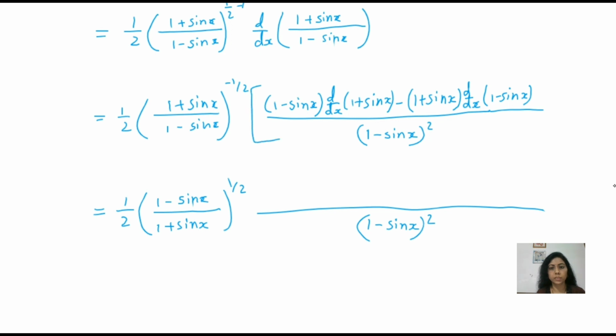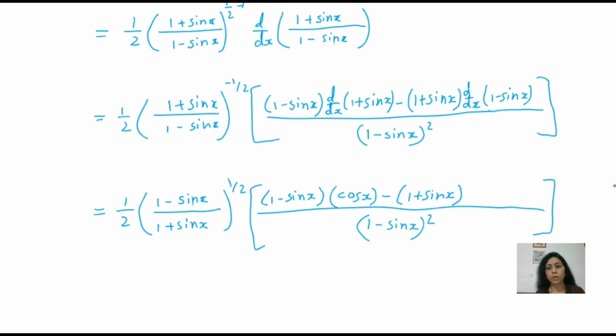I think we should write the whole thing in the bracket. 1 minus sin x, and when we differentiate this 1, it is a constant so it will be 0, and when we differentiate sin x, it will be cos x, minus (1 plus sin x), and 1 differentiates to 0, and minus sin x we can differentiate, so this is minus cos x.